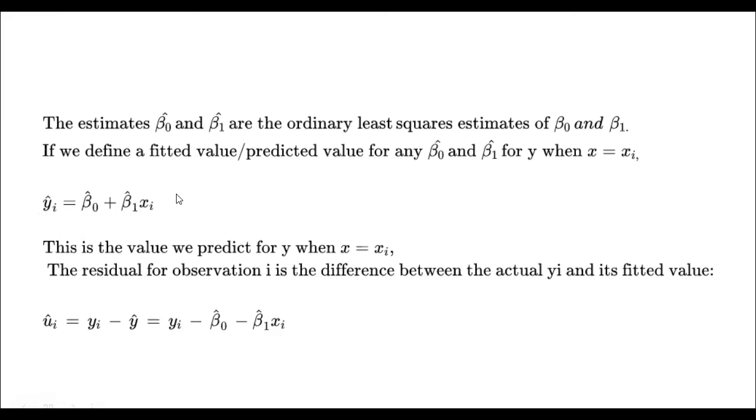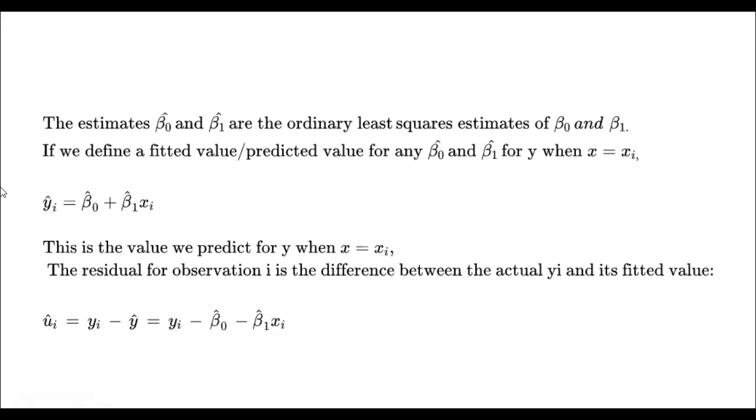So this is the fitted value or the predicted value, as in this is the value we predict for y when x equals xi, as in the ith observation.